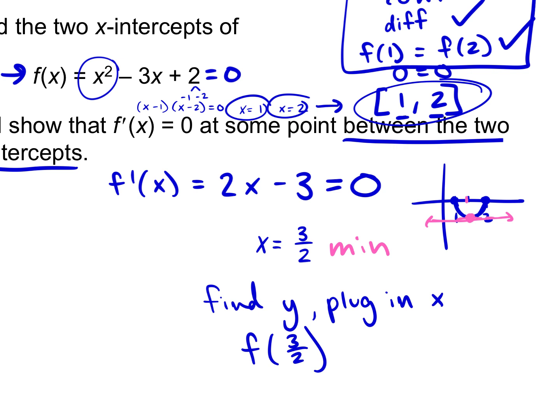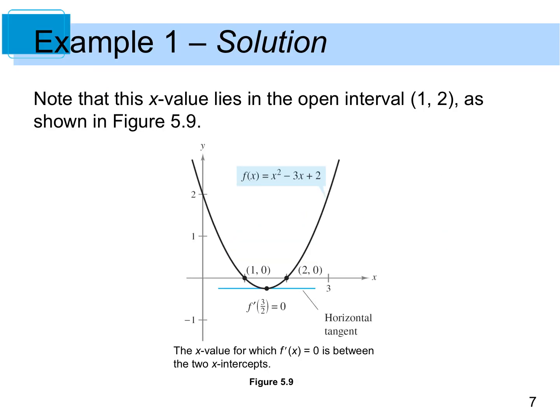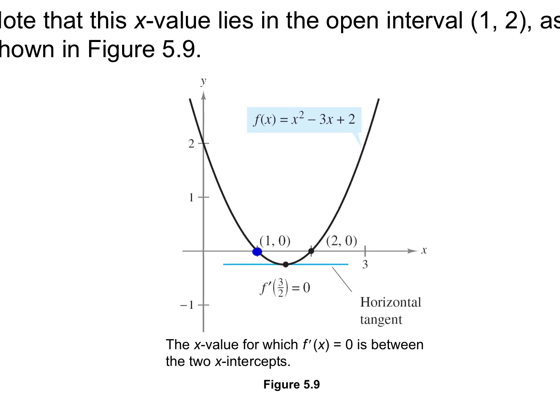And that would give us our minimum. Next page is just the solution to what we just did. So it draws it out for us. It shows us the x-intercepts. Because our x-intercepts are equal, it's continuous and differentiable, then we know that there is some minimum in between. And so we just found the minimum by setting our derivative equal to 0.